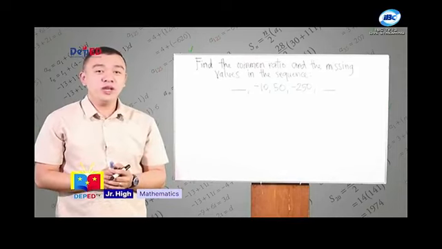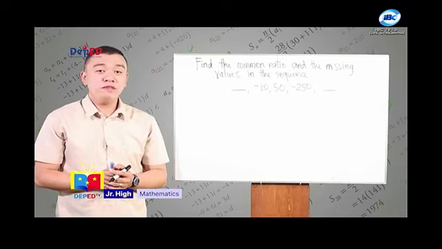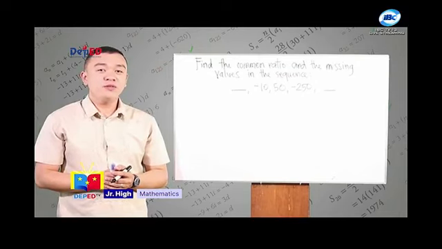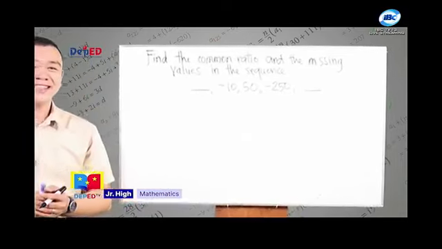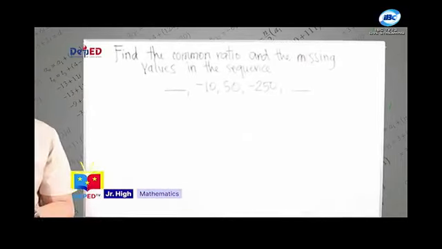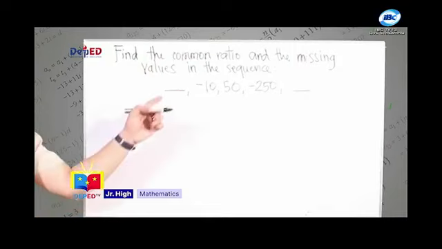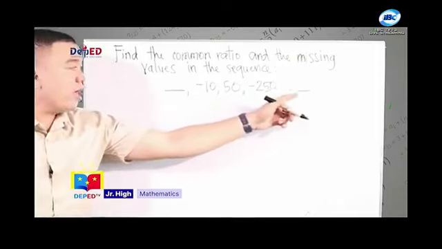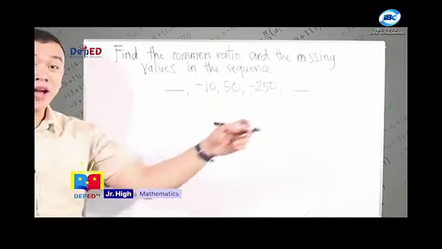Find the common ratio and the missing values in the sequence, blank, negative 10, 50, negative 250, blank. As you can notice, we don't have the first term, or a sub 1, and the last term, or a sub 5.